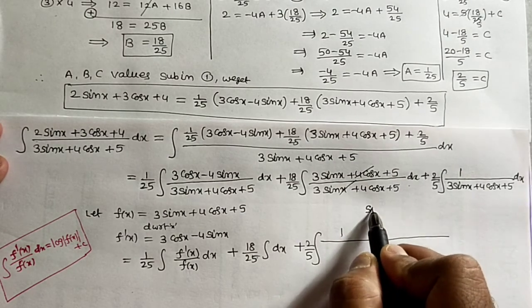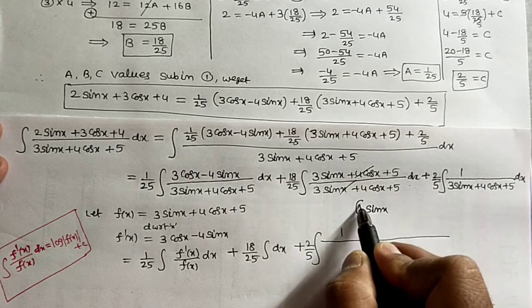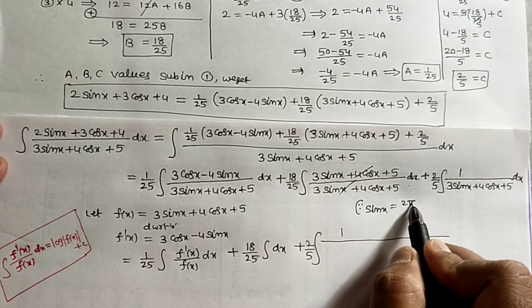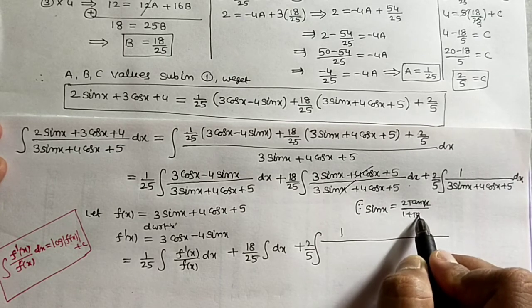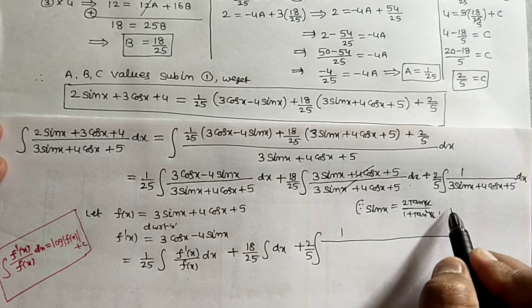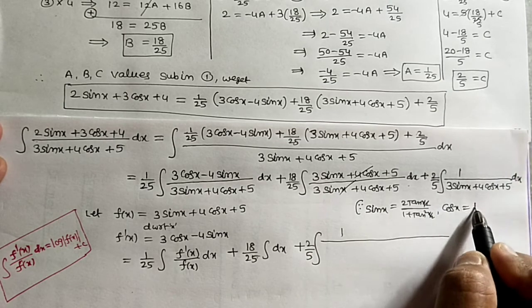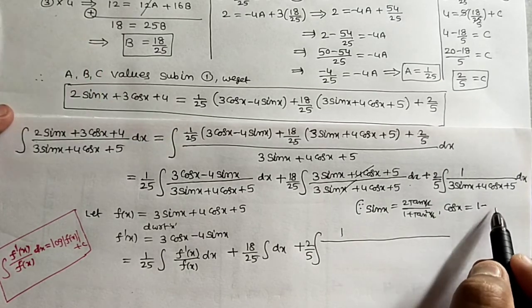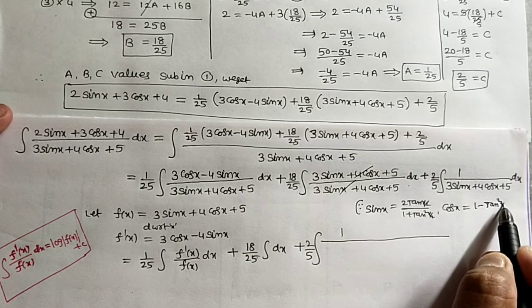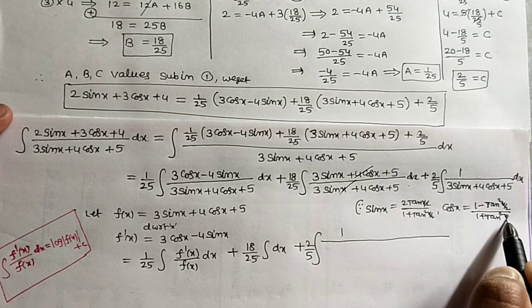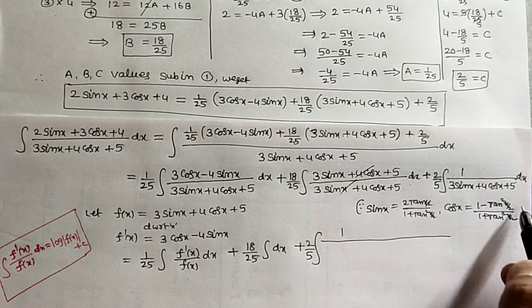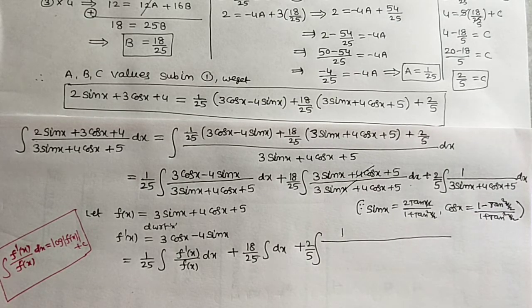Sin x is equal to 2 tan x by 2 by 1 plus tan square x by 2, and cos x value is 1 minus tan square x by 2 divided by 1 plus tan square x by 2. After writing these values in terms of tan x by 2, tan x by 2 is equal to t, that also you can substitute.